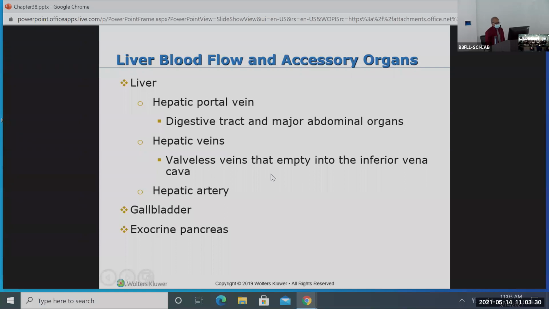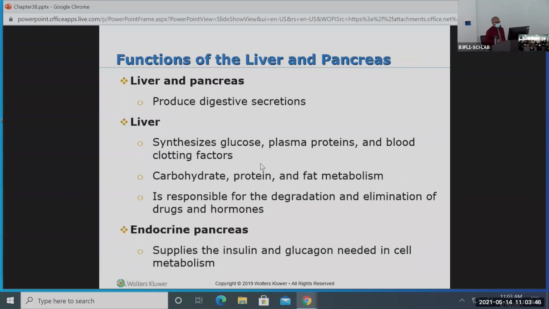Now the gallbladder, and we are dealing over here with the exocrine part of the pancreas. We are not dealing with the endocrine part because the pancreas itself has two components, exocrine and endocrine. Okay. Functions of the liver and pancreas. Liver and pancreas produce digestive enzymes as a secretion.